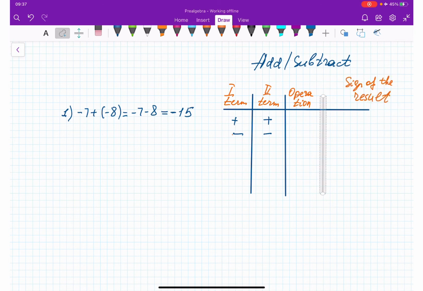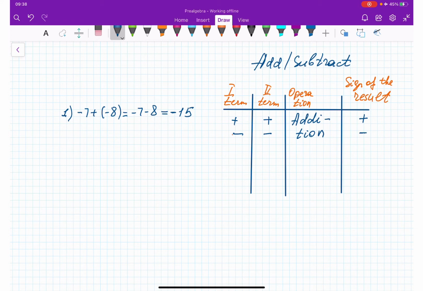Sorry about this, at least we will know what we are doing. It would be much better seen. So then we are doing addition. We are adding numbers for both cases. And the sign of the result is going to be the sign they both have. There is no sign to choose. If both of them are positive, then the result is going to be positive. If both terms are negative, the result is going to be negative.